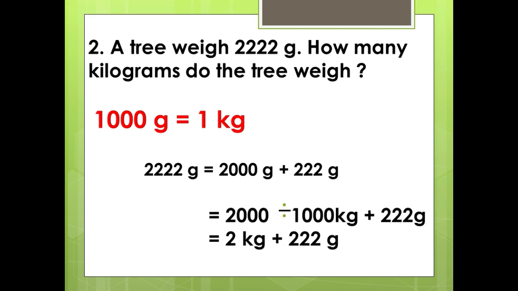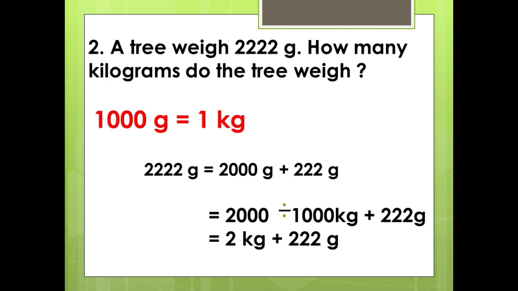In this, we are using simplification method, that is 2000 divided by 1000 grams plus 222 grams, because 1000 grams equals 1 kilogram.